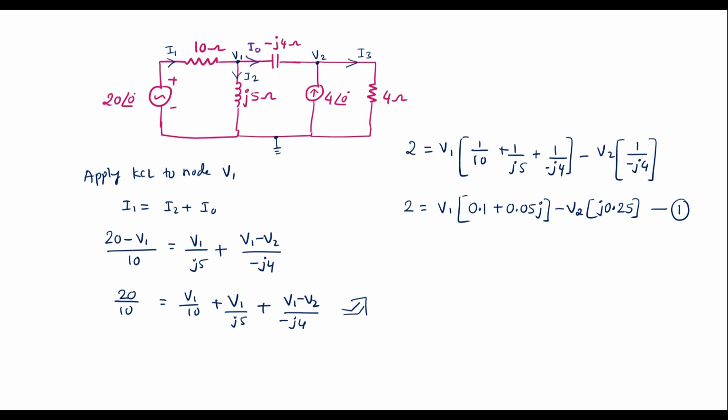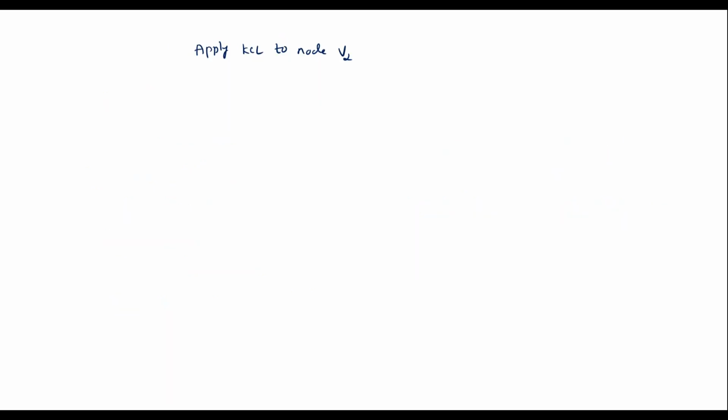So we can write I0 plus 4 is equal to I3. So I0, which is (V1 minus V2) divided by minus j4, plus 4 is equal to V2 by 4.